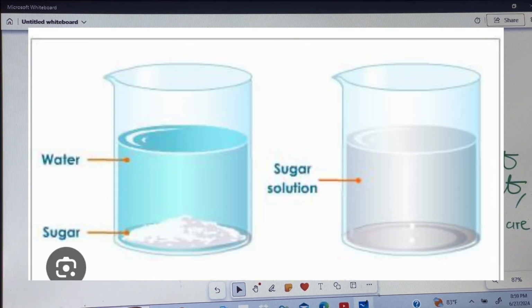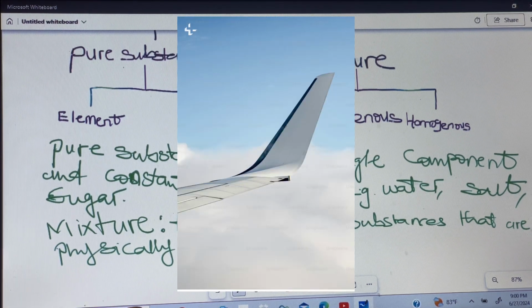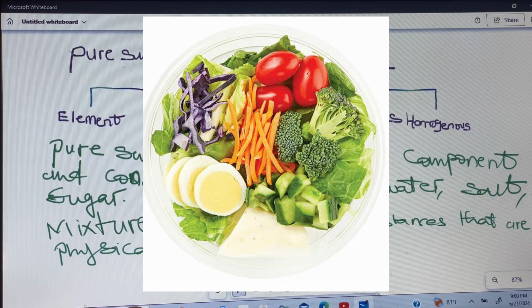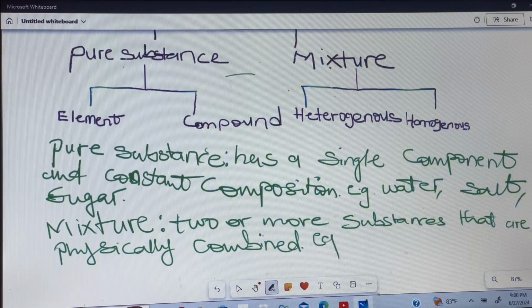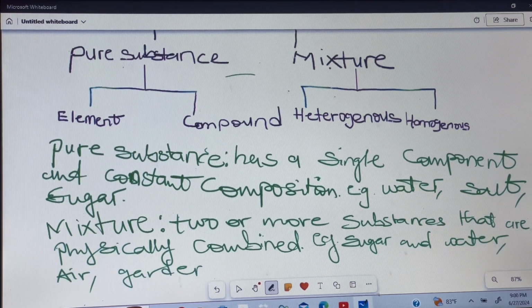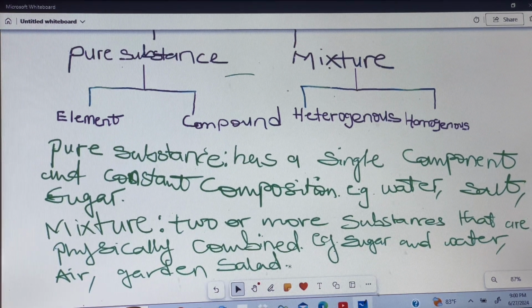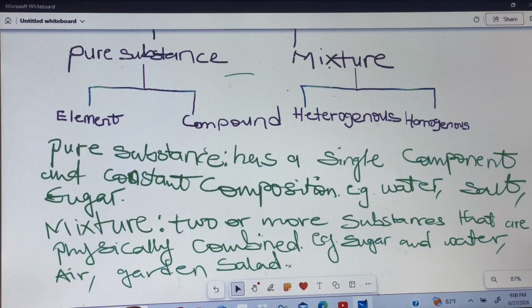When you mix sugar and water, that's a mixture. Then we have air. Air has so many components. And garden salad, where we have the cabbage and different things. As you can see, a mixture has two or more substances physically combined, physically mixed together.